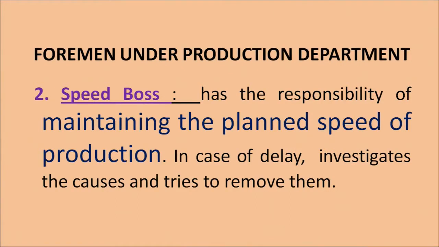Second is a speed boss. Now, it is essential that when the process is in operation, there should not be any interruptions. The speed has to be maintained. So, the responsibility of the speed boss is to maintain the speed at the desired mode so that unnecessary delays or other aspects can be identified and removed.